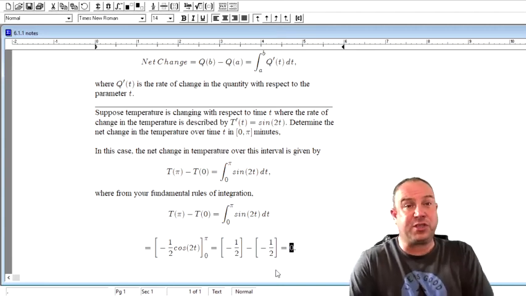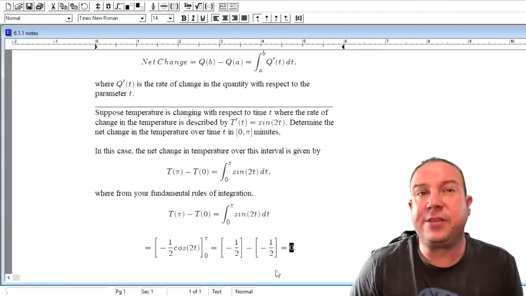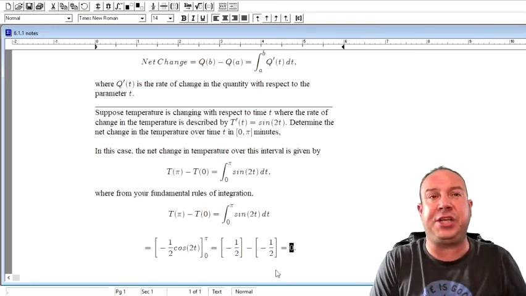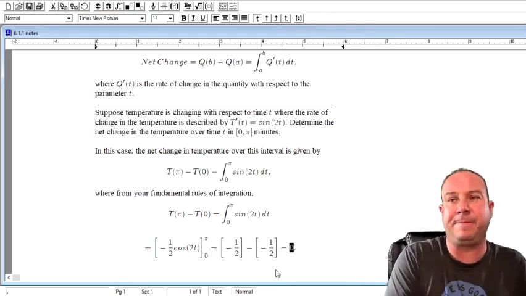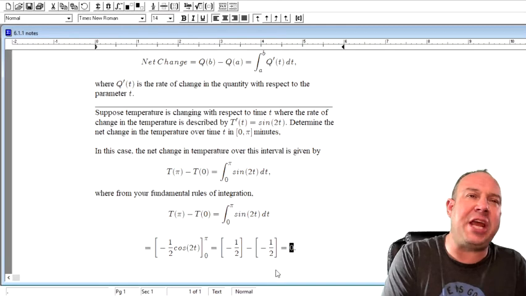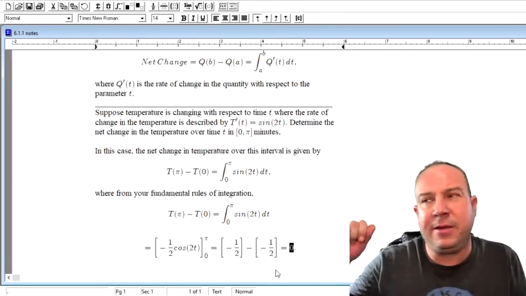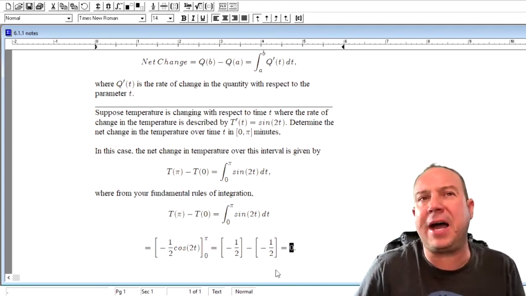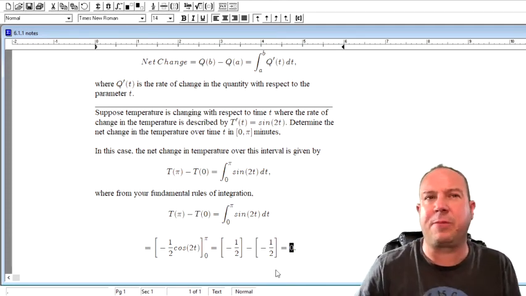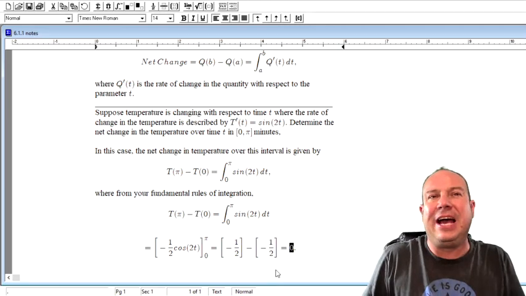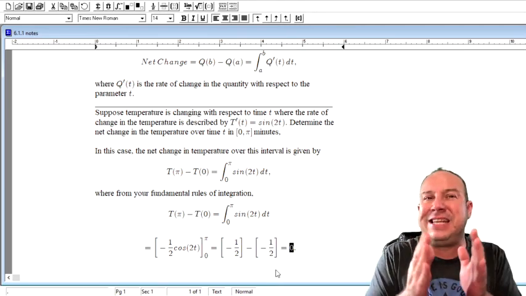Which means, folks, overall, certainly the temperature is changing on this interval from 0 to pi. But how much did it change overall from the beginning at time 0 to the end at time t equal to pi, how much did it change from that start position to that end position on that interval? It's nothing.